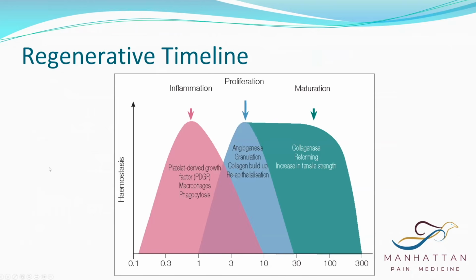So this is what happens in the regenerative timeline. The first few days, first week or so, we call that the inflammatory phase, and that's where we have the good inflammation, and that's what the body thinks is a new wound.